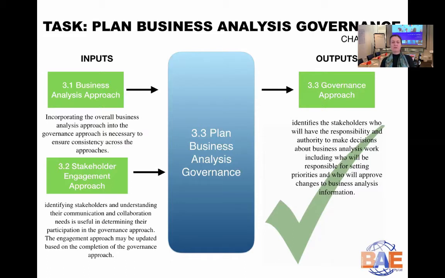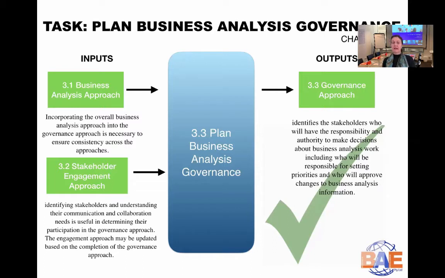It's useful in determining their participation in the governance approach. So the engagement approach may be updated based on the completion of the governance approach, especially if you start talking about prioritization or change control. You're defining all of that. That might make a few changes to how you plan to engage. But ultimately, this is an input into this activity.